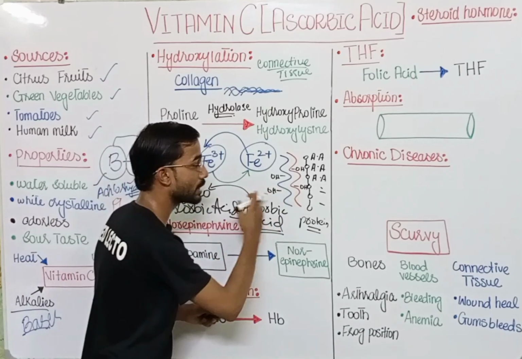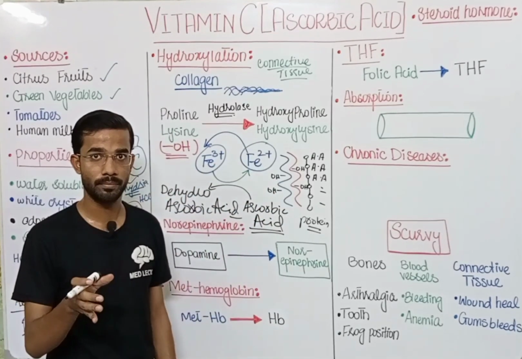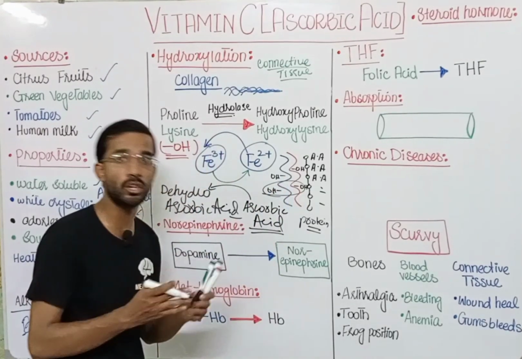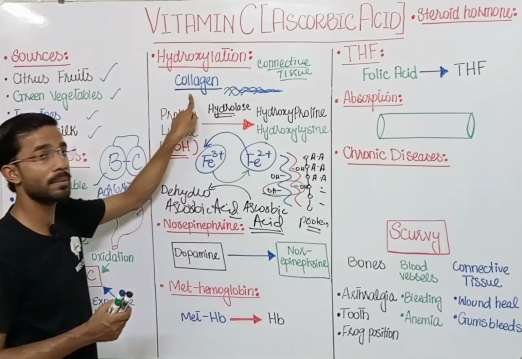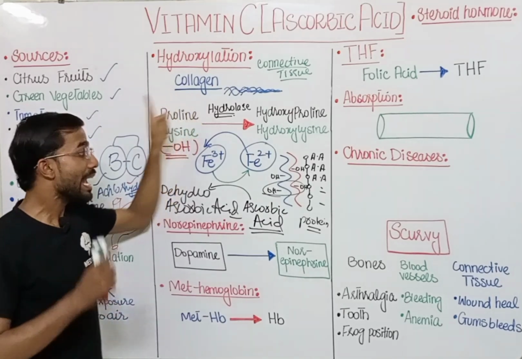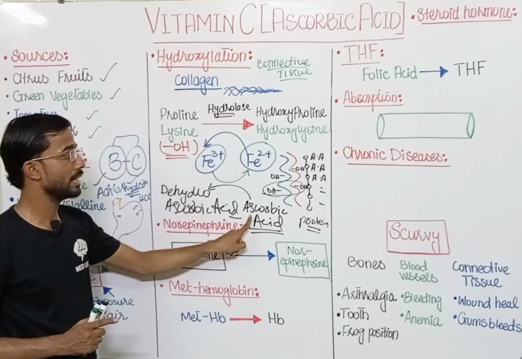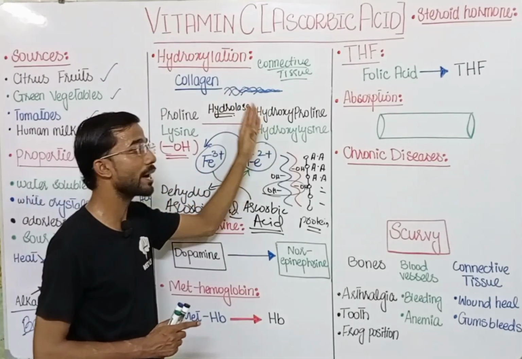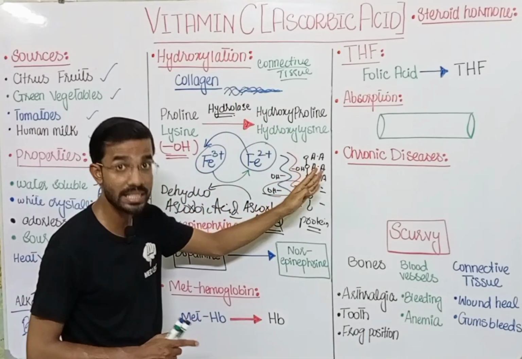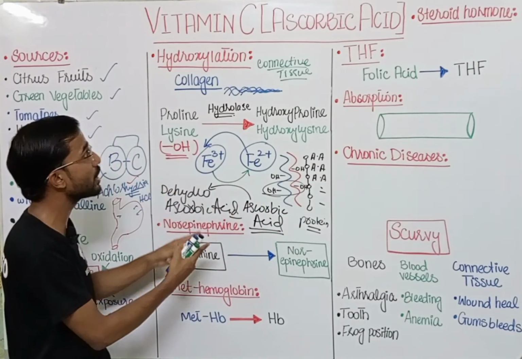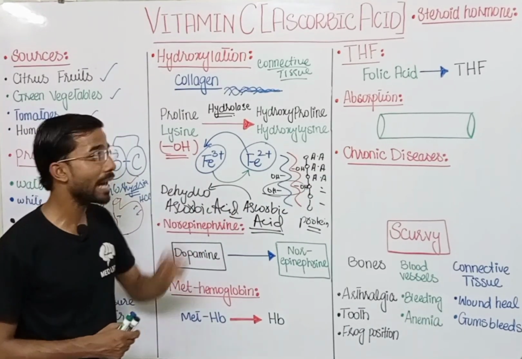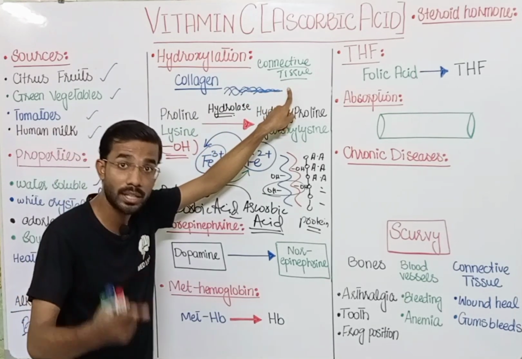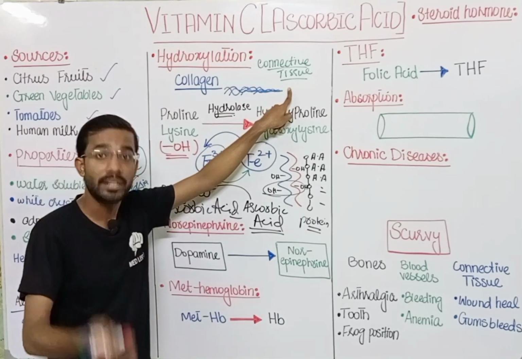Now this hydroxyl group will form cross links, and after cross linking between the different strands, the collagen becomes stabilized. If there is no ascorbic acid, the whole process will not happen, there is no hydroxyproline and no hydroxylysine, and ultimately the stability of the collagen will be disturbed, and it will affect the connective tissues like the bones, cartilage, blood, and tendons.